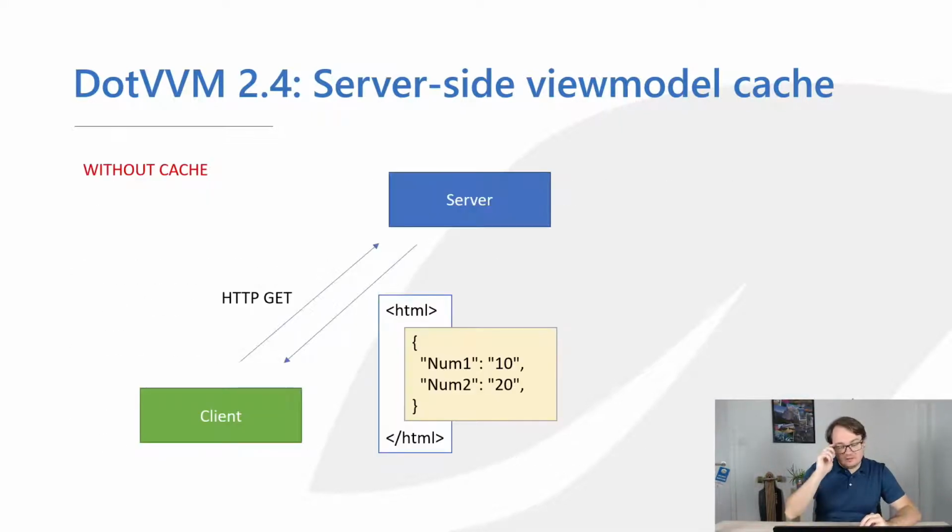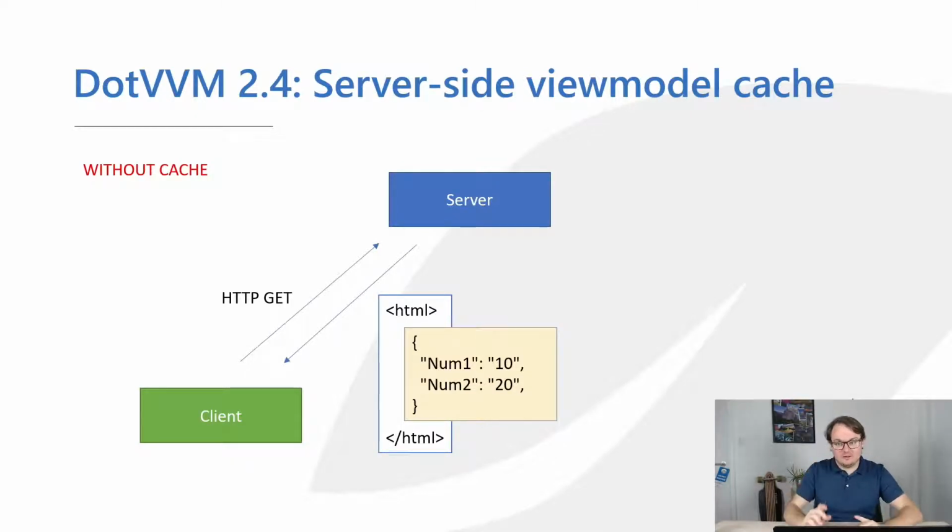So let's see how the process works without the cache. Until .vvm 2.4, basically if you entered a .vvm page using a standard HTTP GET request, the server will respond with HTML, and there will be a viewModel which is baked in the HTML. Yeah, so you are getting one response with both the page and its viewModel.